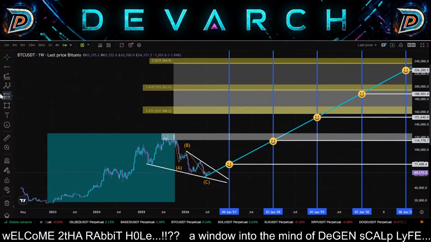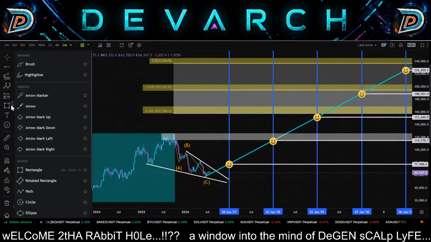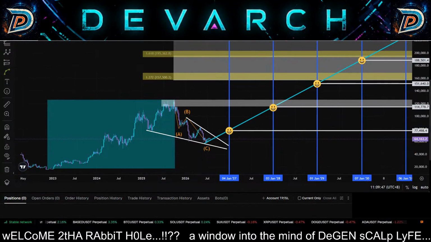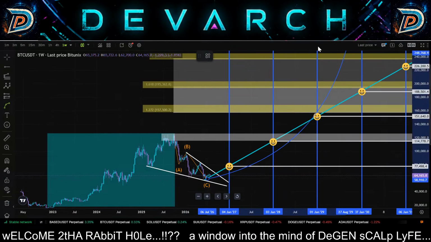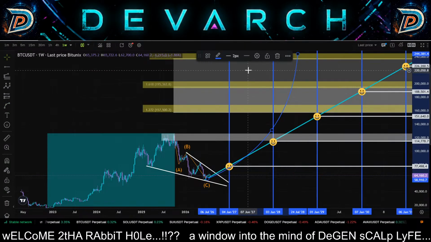I think we're going to see a little bit more vertical and parabolic trajectory. I personally think it's going to be something more like, let me show you. I think it's going to be something more like this. This is what I think we're going to see.